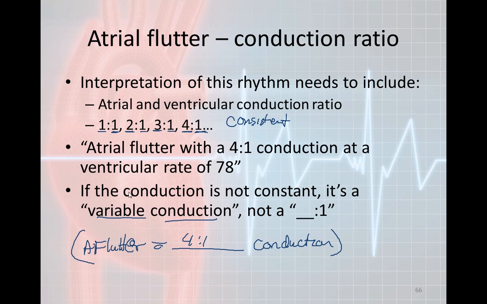Now, if the conduction is not constant or consistent, then it is considered a variable conduction. So if you have a rhythm that has a 2-to-1, 3-to-1, 2-to-1, 4-to-1, 3-to-1, 4-to-1, and it kind of goes all over the place, then you have an atrial flutter with variable conduction. And that's what you would put here as the variable.